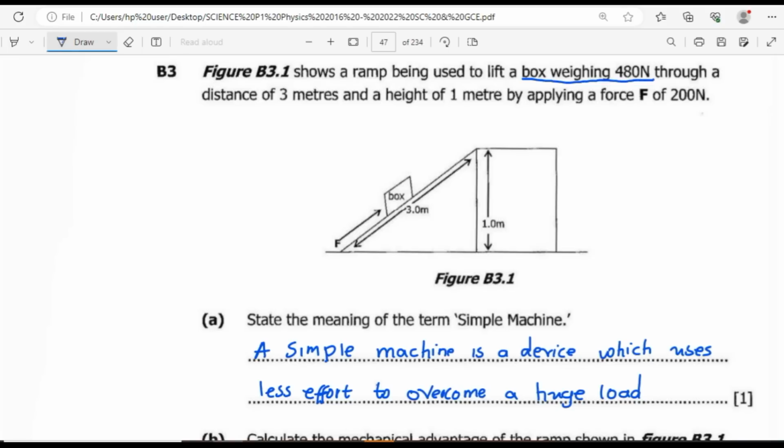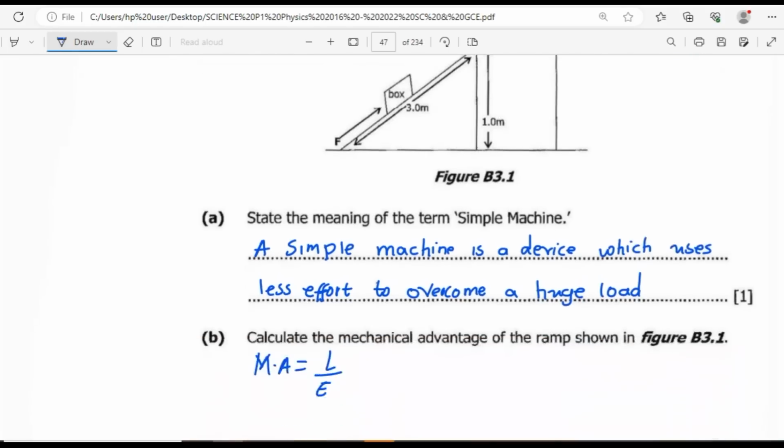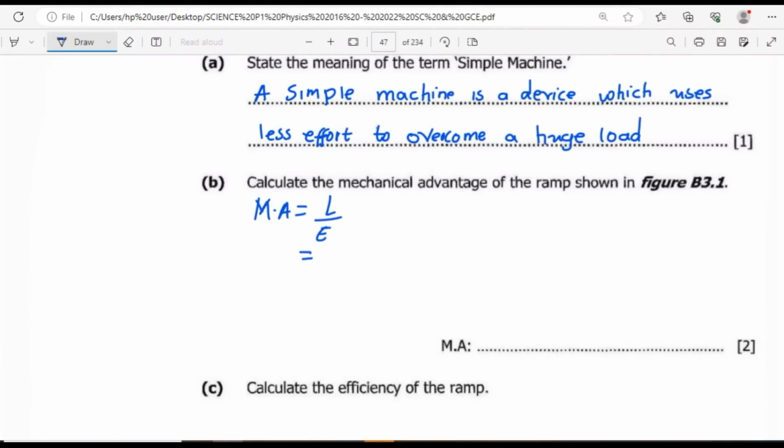Then 200 is our effort. So say 480 newtons divided by 200. Then 480 divided by 200, I'm getting 2.4. So that's our mechanical advantage.